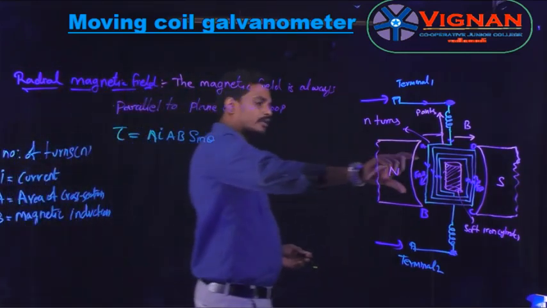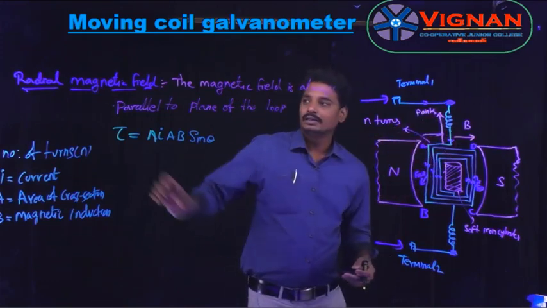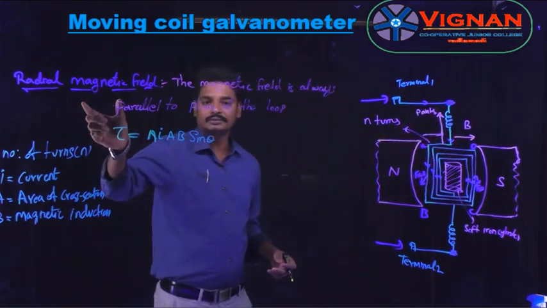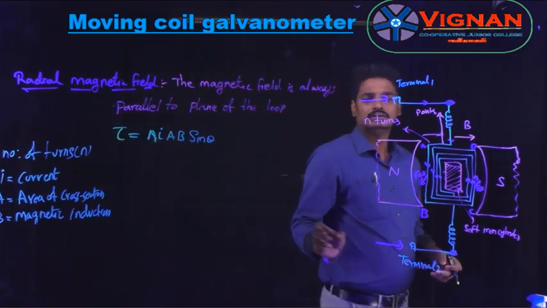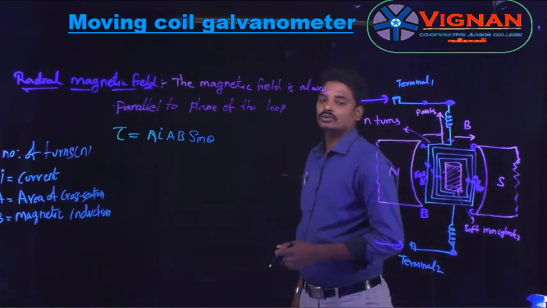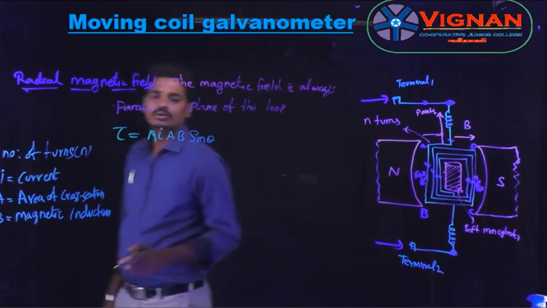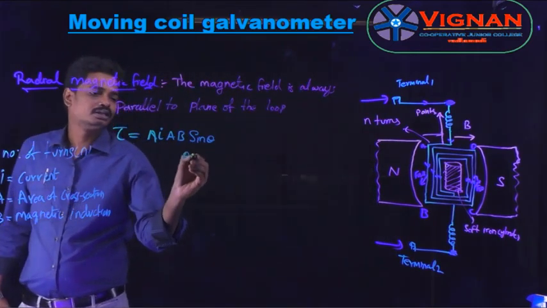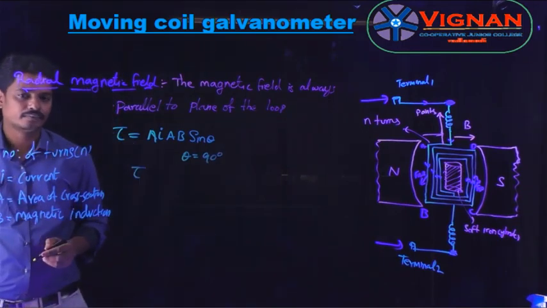So when a soft iron core cylinder is placed inside this rectangular loop, a radial magnetic field is generated. What is meant by radial magnetic field? The magnetic field which is always parallel to the plane of the loop or perpendicular to the normal of the loop. Therefore here theta is equal to 90 degrees, so maximum torque is generated.